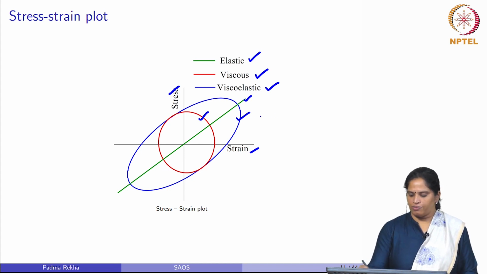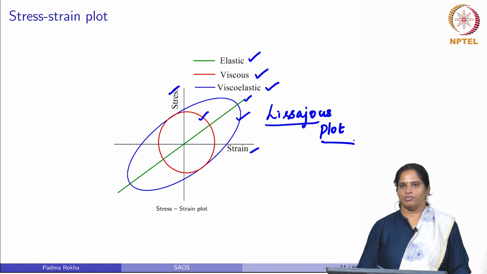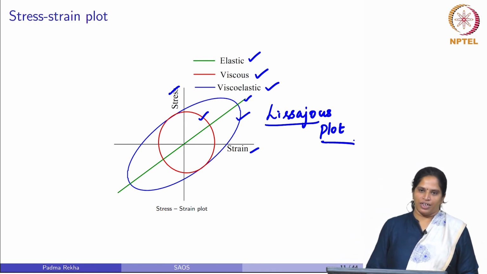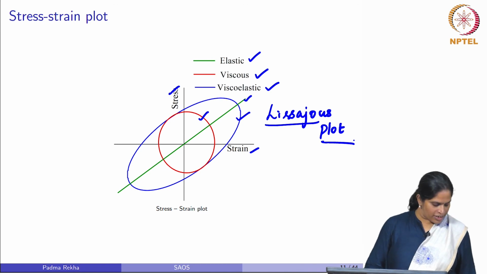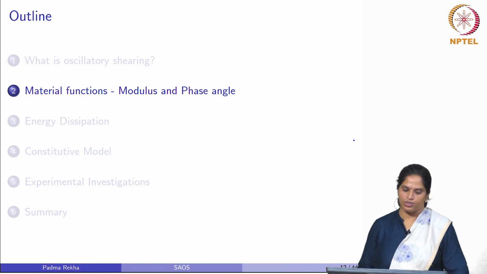We call this viscoelastic material stress strain plot under oscillatory shearing a Lissajous plot. This Lissajous plot will be more useful when we are trying to find out the energy dissipation in a material. We know that the area enclosed in the stress strain plot is what we use in calculating energy dissipation.